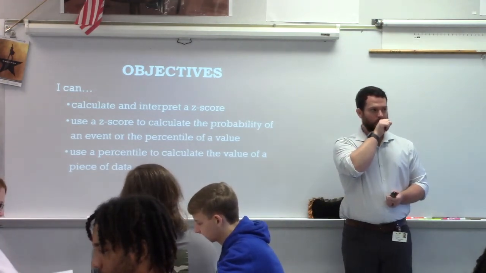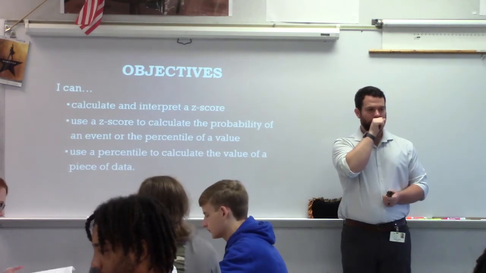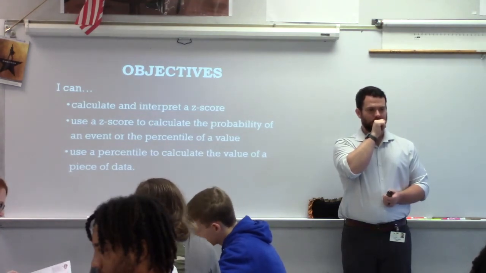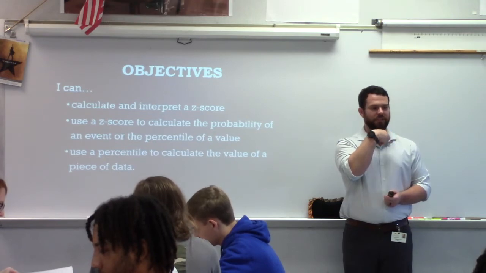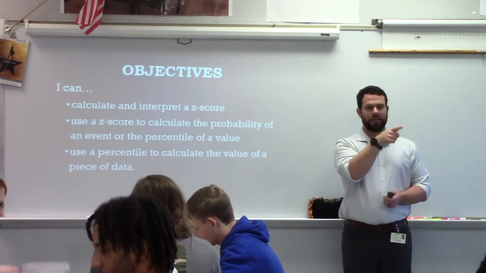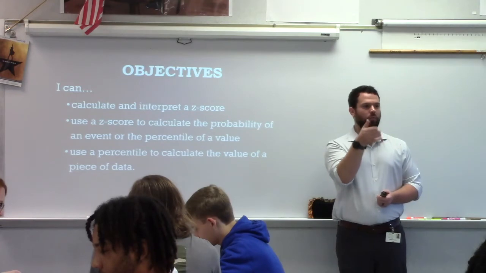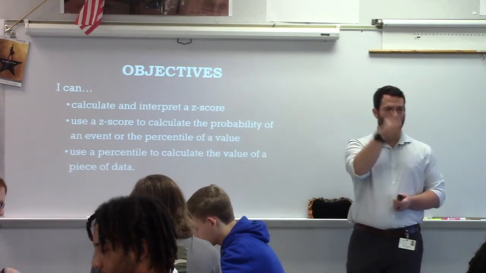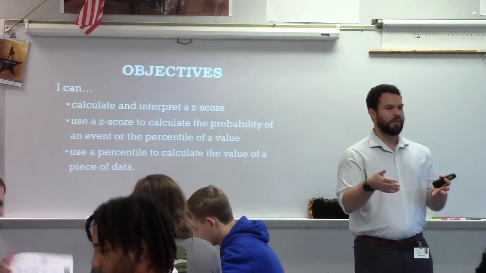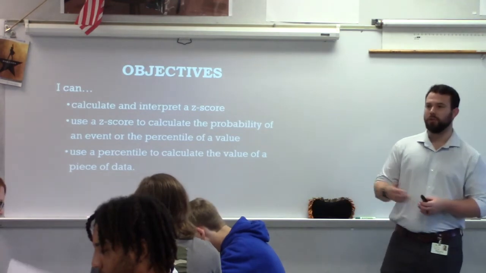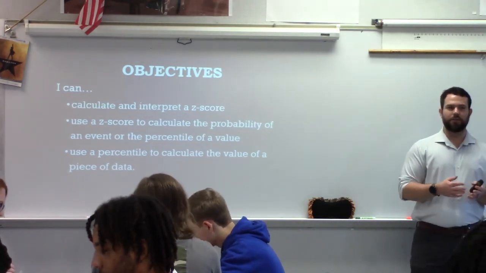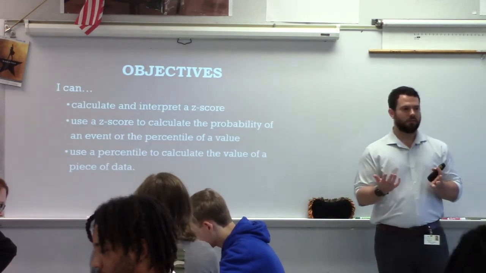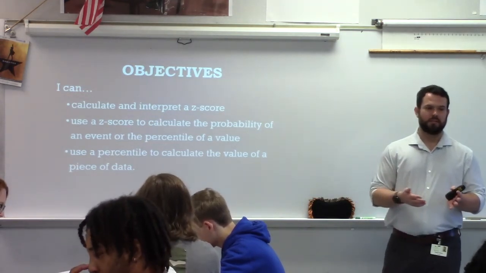Anybody know? Number of standard deviations from the mean. Okay, so if you have a z-score of 1, you are looking at 1 standard deviation from the mean. If you look at a z-score of 2.25, like in the bell ringer, you're looking at 2.25 what? Standard deviations away from the mean.